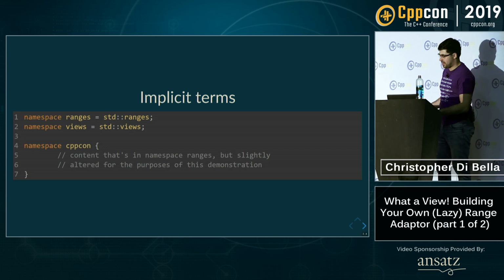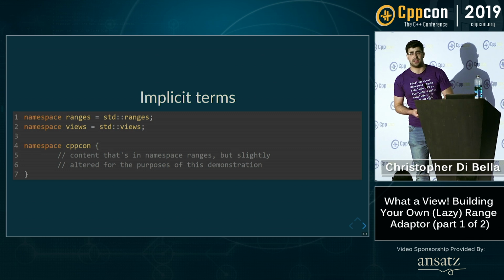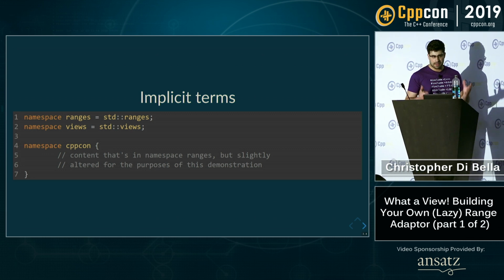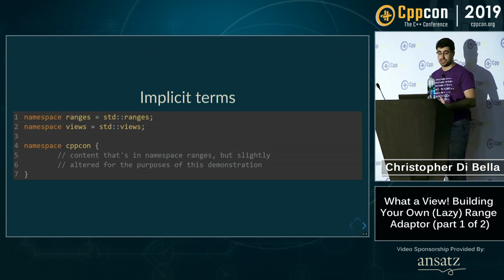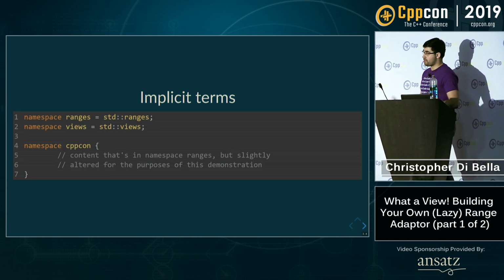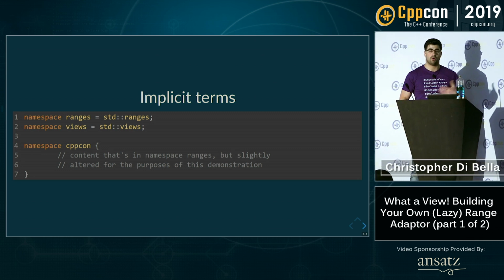I've omitted something. For example, projection is something that everyone's been talking about when it comes to ranges this year. To keep things a little bit more focused, I have omitted projections. So instead of putting this stuff in the ranges namespace, I'm putting it in the CppCon namespace to help you work out where things are different from what's in the standard.